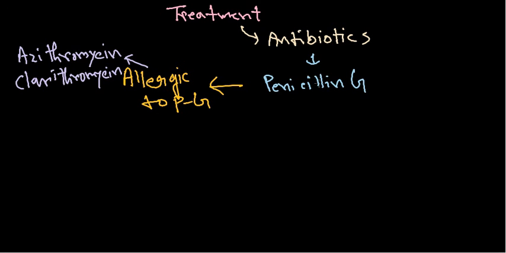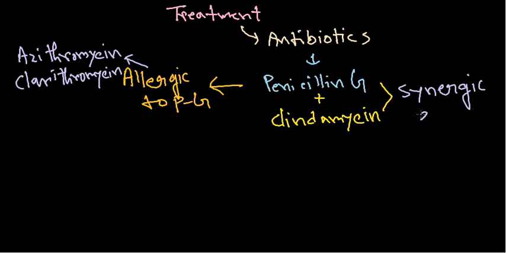Nowadays doctors prefer to use penicillin G along with clindamycin because it shows a synergistic effect. Synergistic effect means that when you use both penicillin G and clindamycin together, they provide a very strong positive effect overall.